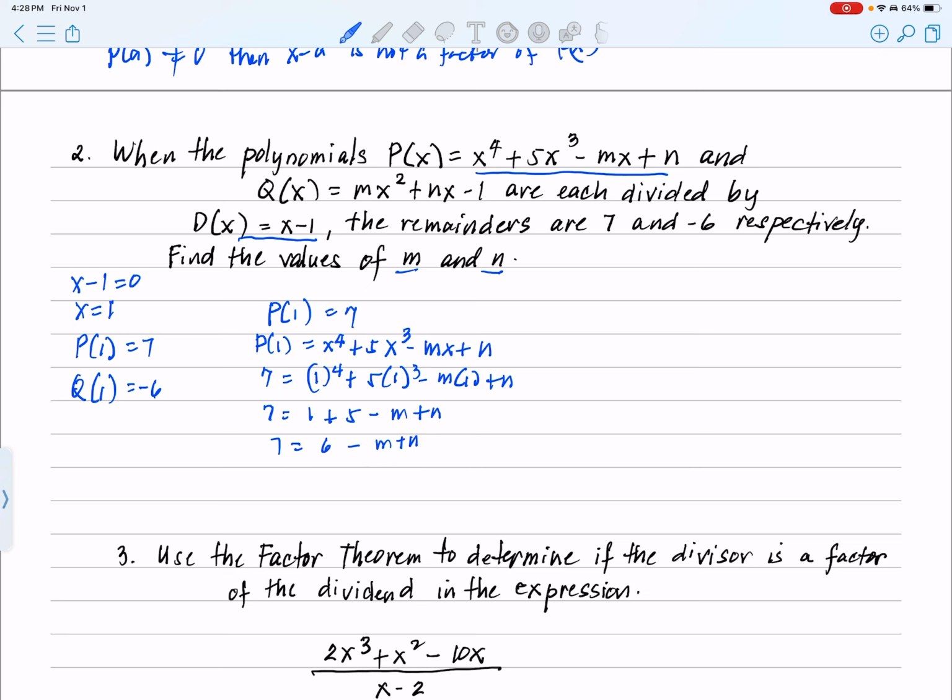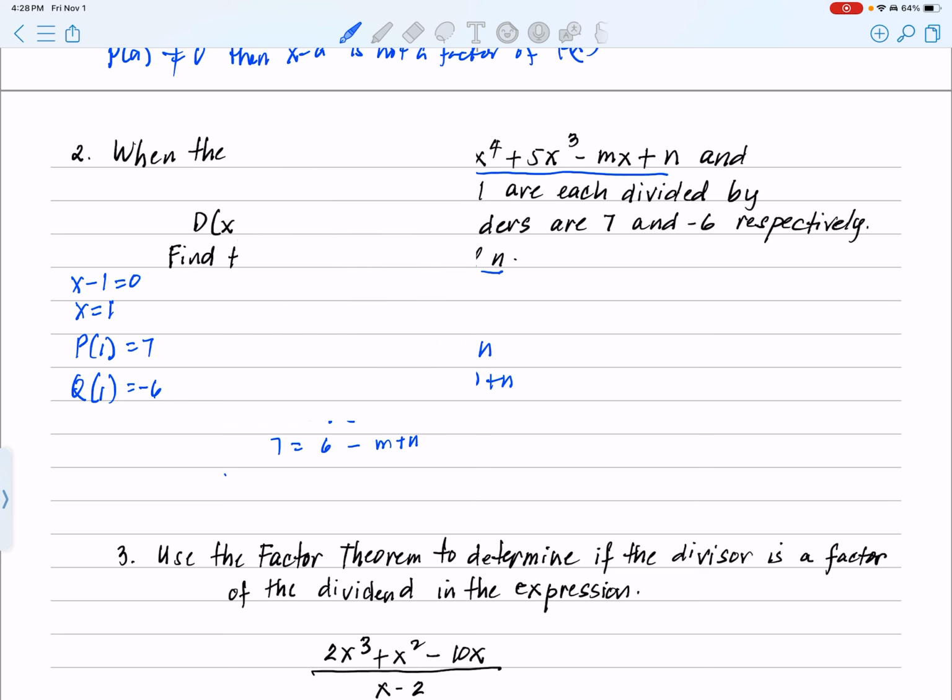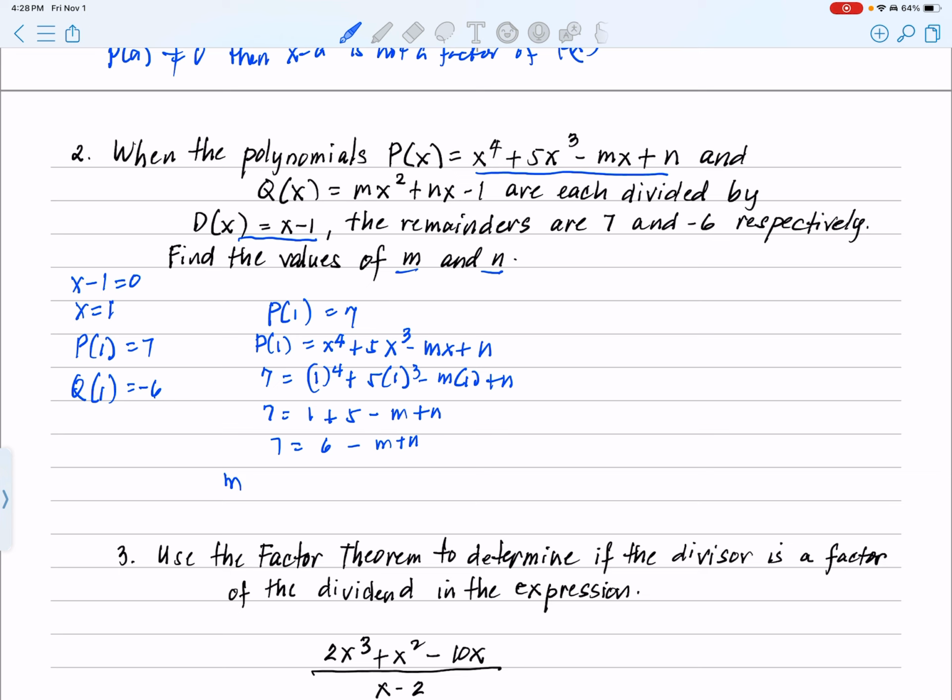So I would bring the negative m to the left, so this will be a positive m, and then bring the positive n to the left, and that would be a negative n. Then 7 is equal to 6. Okay, so I will transpose 7.